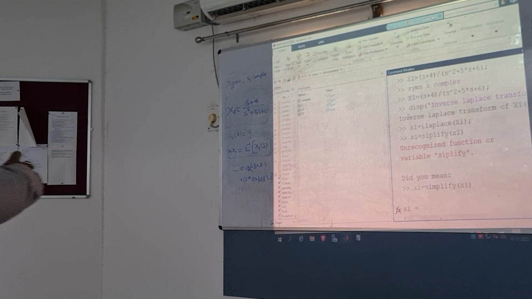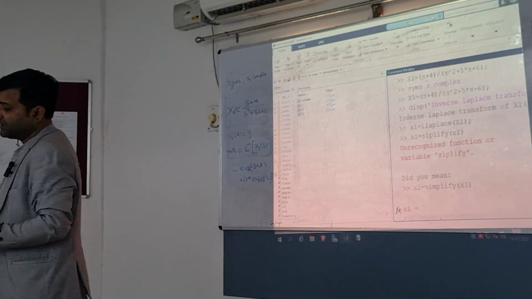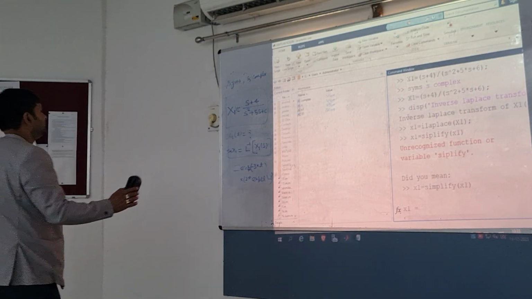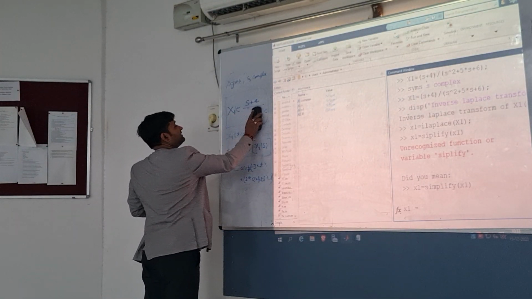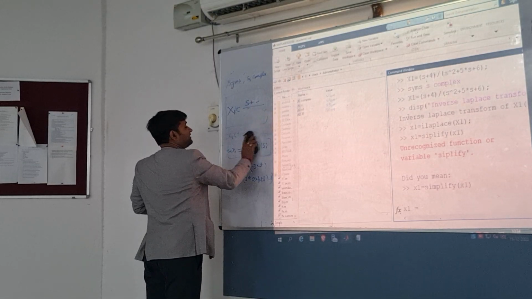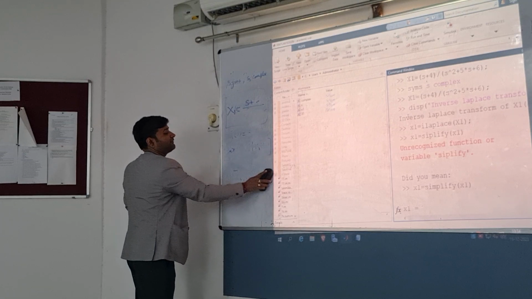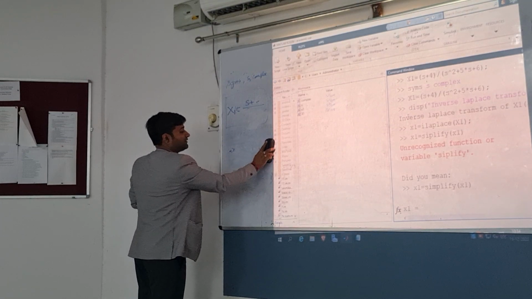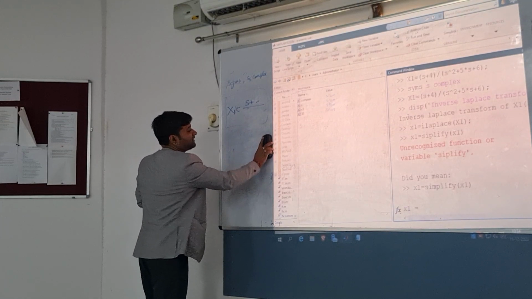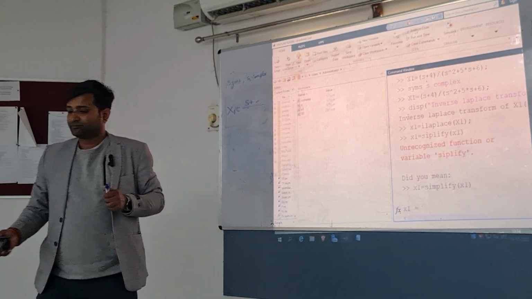You have checked s plus 1 instead of s plus 4. The polynomial function is changed. Then you write the same code for a different Laplace transform to find the inverse Laplace transform.